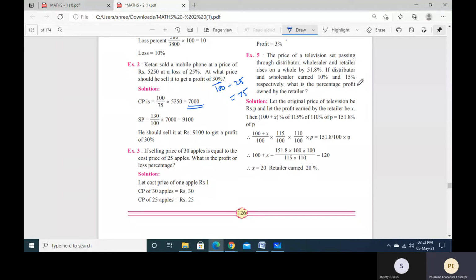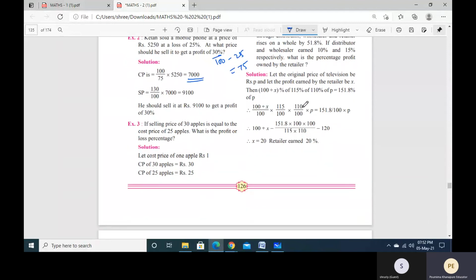Then what is the percentage profit earned by the retailer? When it comes to the retailer, what is the percent profit he has earned? That is what we need to find. So what they did is, original price of the TV be rupees P, and let the profit earned by the retailer be X. Directly they have taken a profit of X.